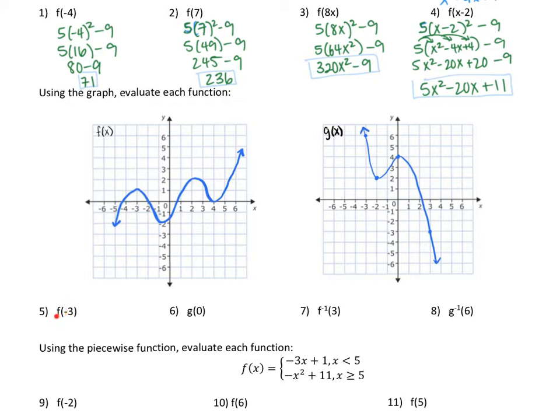So this is associated with the f equation. So I have to look at this graph. -3 is right here. You can see that the y value on this curve would be here, which is at +1. So this answer would be +1. This one is at 0 for g, so I would go to g, go to x equals 0, and I notice that my y value is a 4 there.